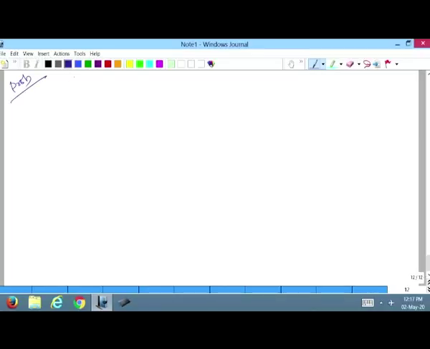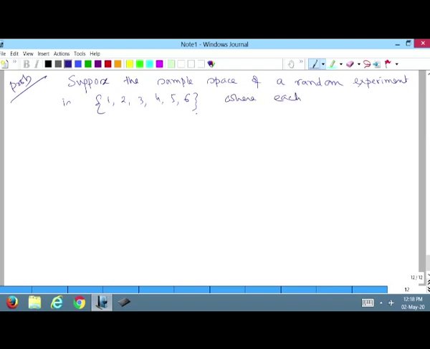Another problem: suppose the sample space of a random experiment is {1, 2, 3, 4, 5, 6}, where each element is equally likely.